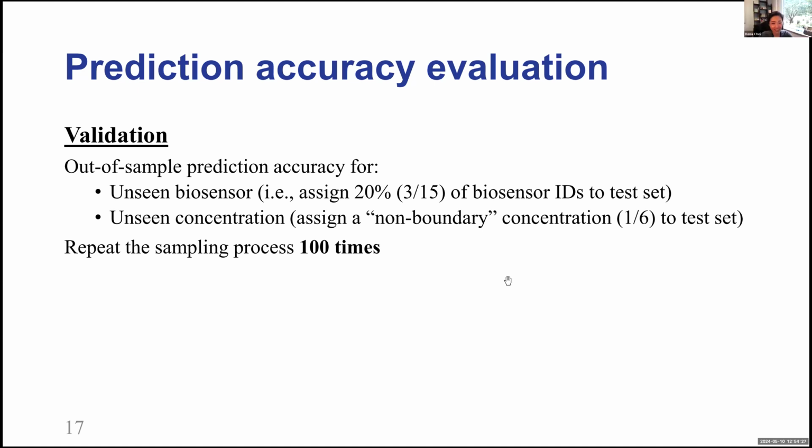Yeah, that's true. So here what we're trying to do is to borrow information from seen concentrations to say something new about the unseen concentration. And the coarser the grid of the seen concentrations, the harder it is to say something that's not completely wrong about the unseen concentration that's in between.